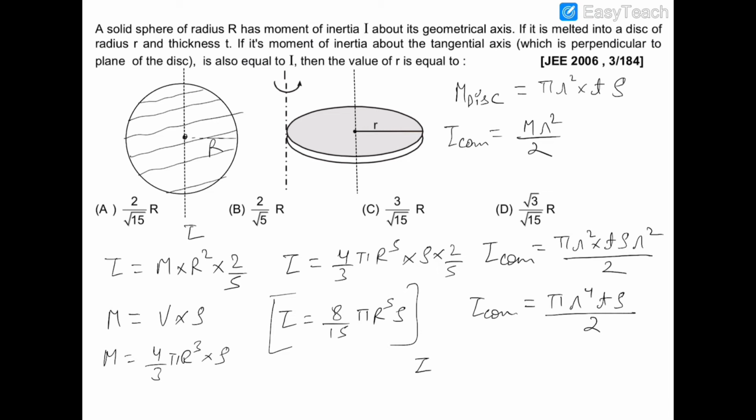Now the moment of inertia of this disk about this axis is I. So I will be equal to ICOM plus m into R square.